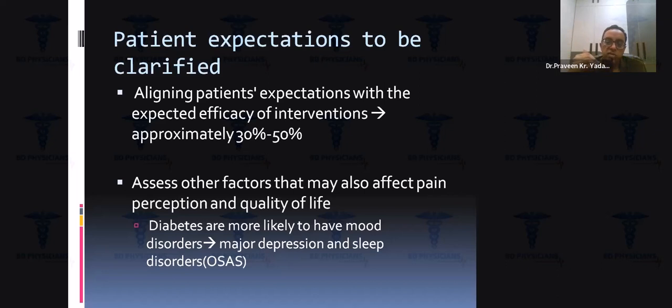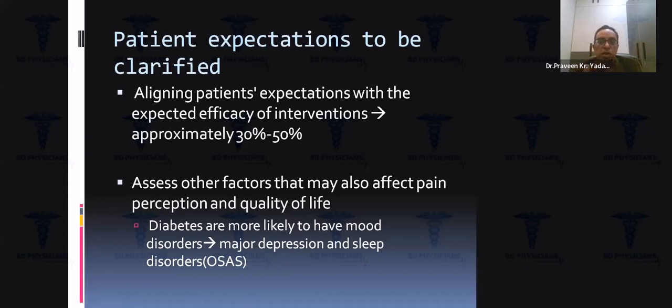In patients who are sleep deprived, who have sleep disorders, chronic insomnia, or obstructive sleep apnea, or who are depressed and anxious and have a psychiatric history, the pain becomes very severe and does not respond to the medication. So you have to evaluate the patient for these conditions also, especially if the neuropathic pain is not responding to the standard neuropathic medications.